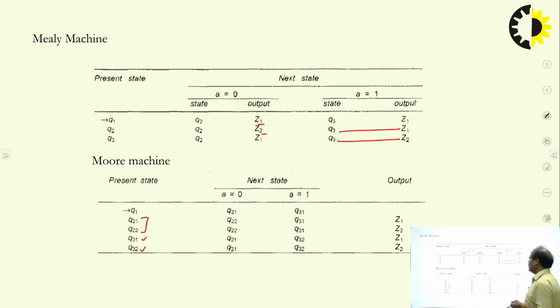By converting into a Moore machine, you will see there is no output corresponding to Q1. So this is your final Moore machine, having the same answer. So we are not going to add extra states.